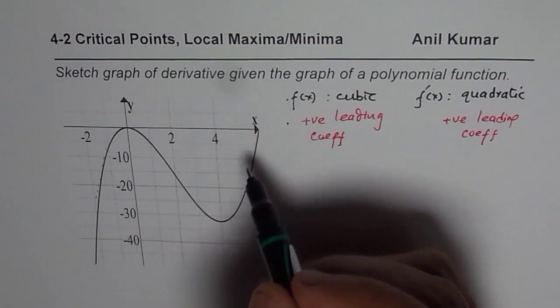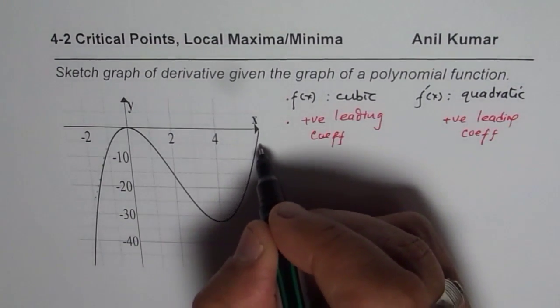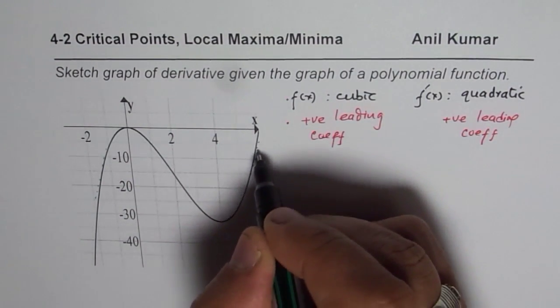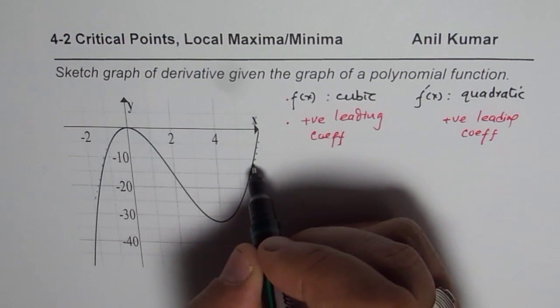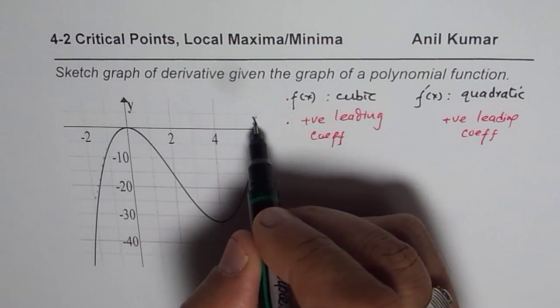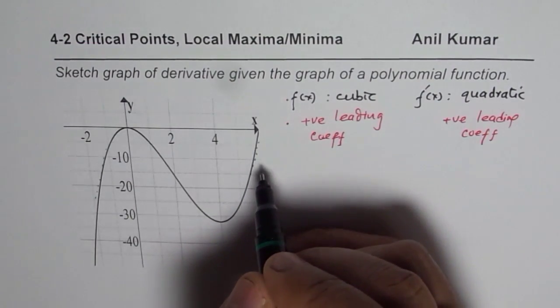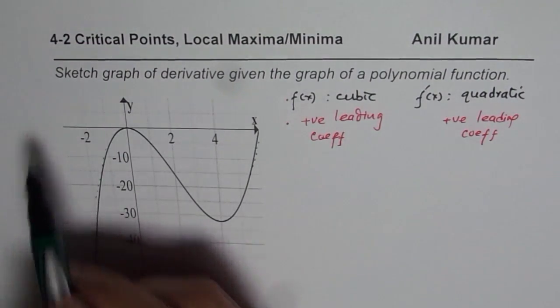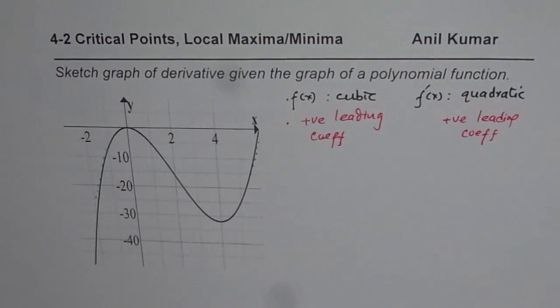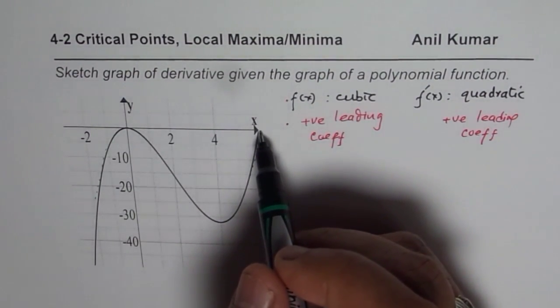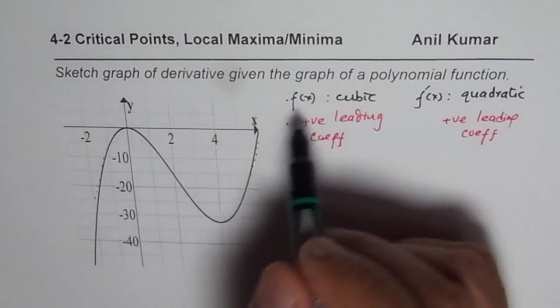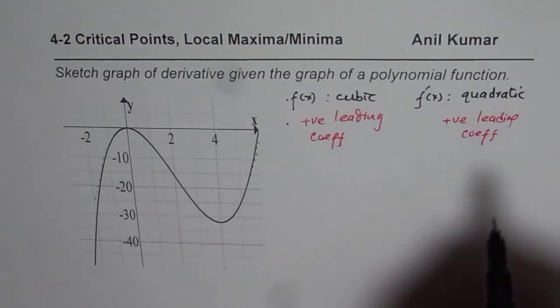And also on the right side, we have a tangent which has a positive slope. That means the derivative will be positive when x is approaching positive infinity, or even when x is approaching negative infinity. So in both cases, the parabola should be positive, approaching infinity on both ends.